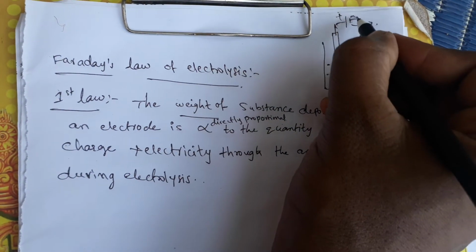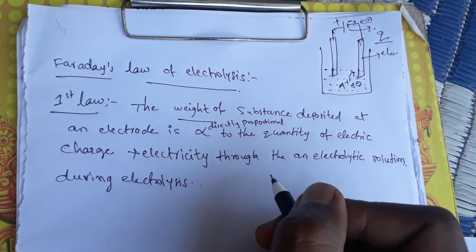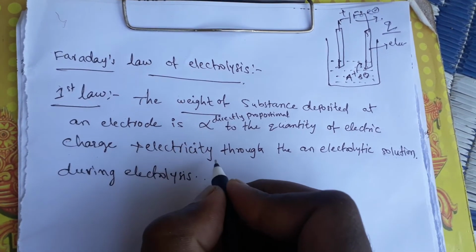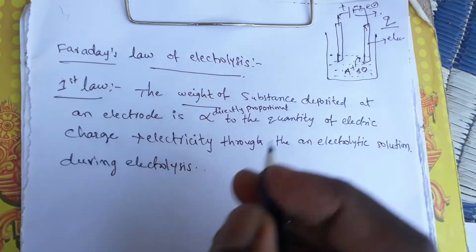These are the electrodes, and the ions are depositing here. Here we are passing electrons, which means there is some charge q, passed through an electrolytic solution during electrolysis.